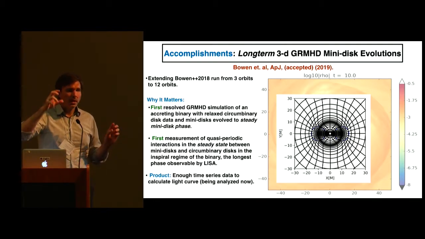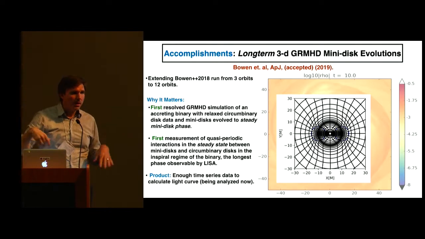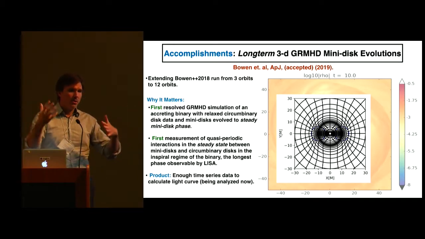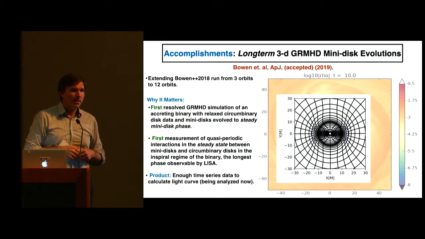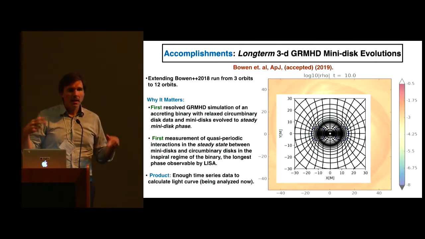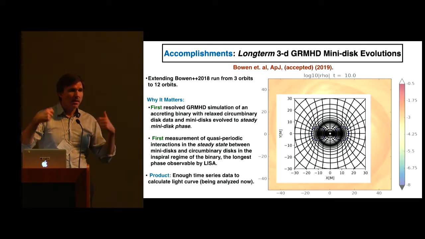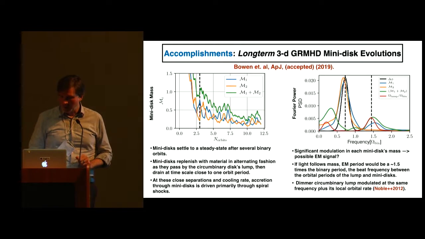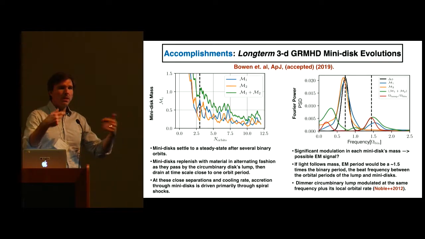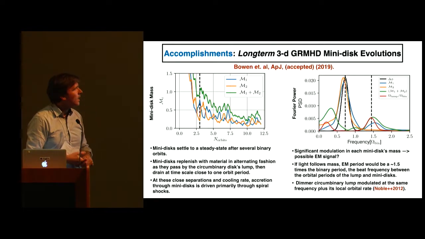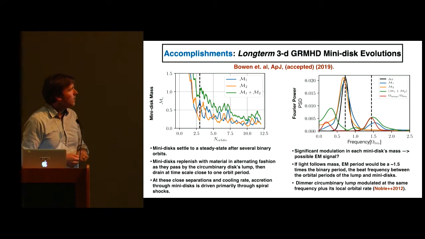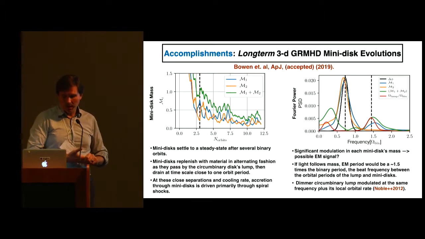As the minidisks orbit away from the lump, they deplete as the black holes accrete the material around them, and then they replenish as they go past. And so this minidisk fluctuation occurs over time, and we see that it settles down to a steady state.